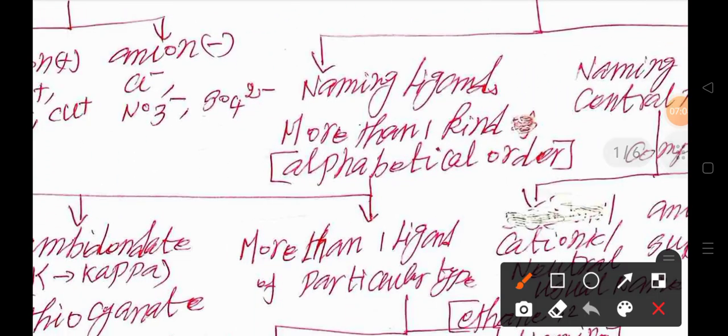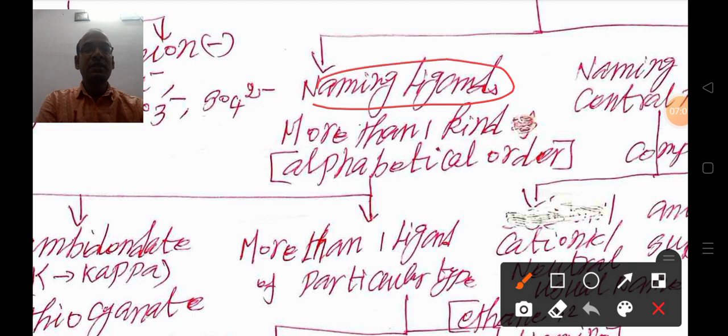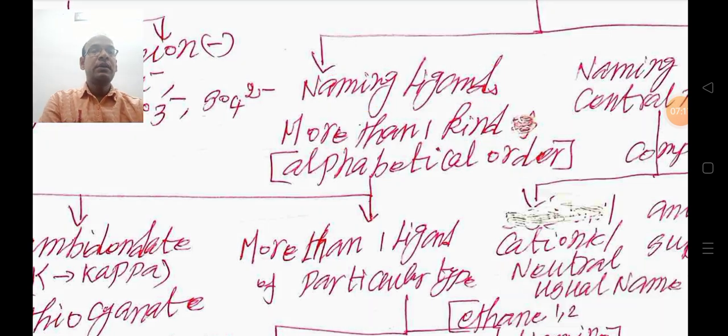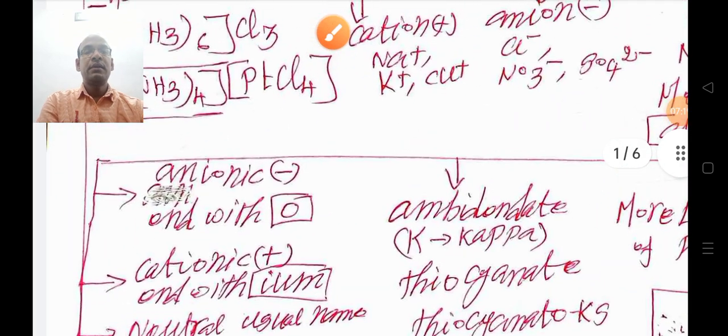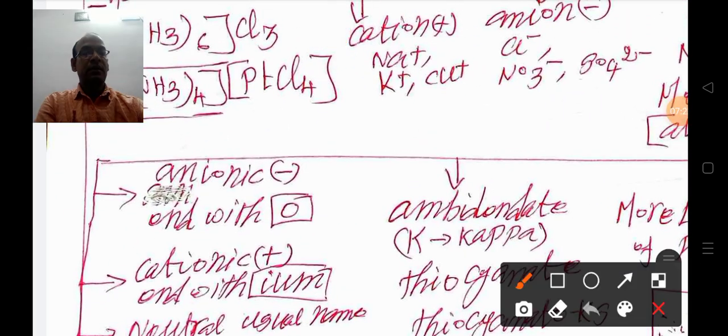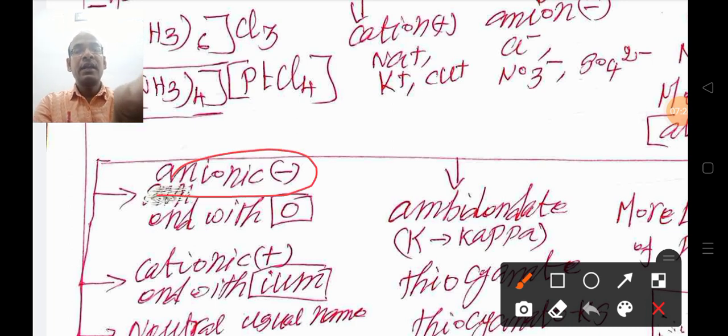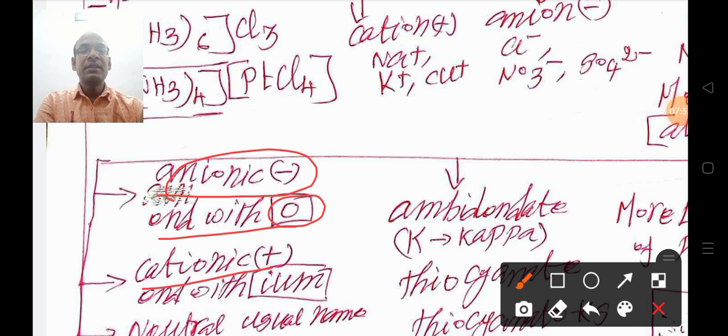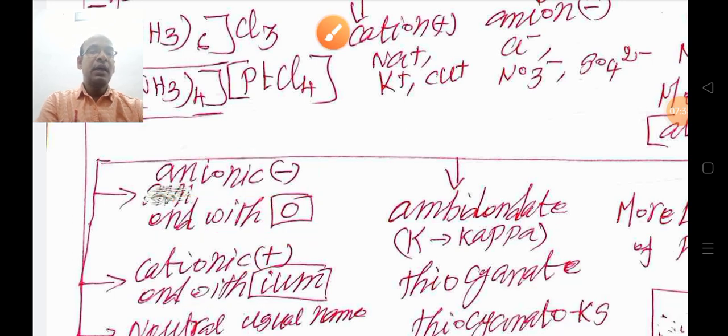Later, we see it further. In a complex ion, the ligand is named first. If there is more than one kind of ligand, alphabetical order is used. Second, anionic ligands, that is, negative ligands, end with O. Cationic ligands, that is, positive ligands, end with IUM.